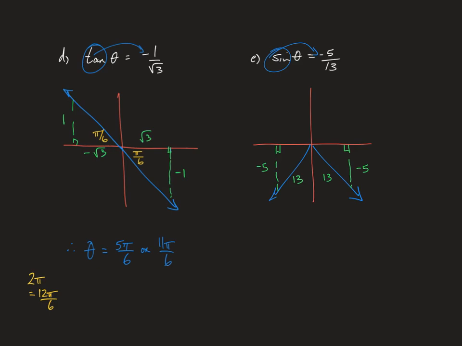So the first thing I'd like you to notice is you've done this an awful lot. However, you didn't always do it this way. You've often used your inverse to be able to go backwards and find an angle, except there's a key component here. When you said that the sine was negative and therefore your terminal arms went into quadrant 3 and quadrant 4, you've used up the negative.